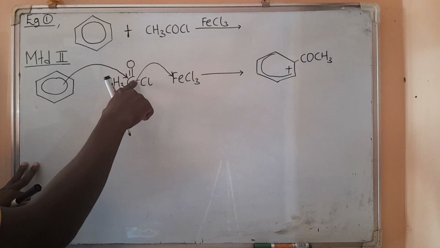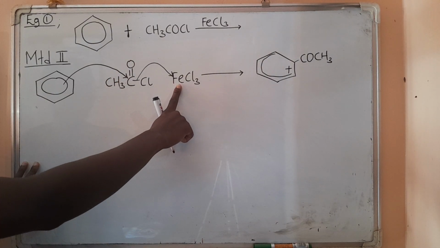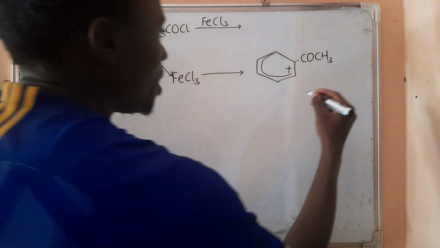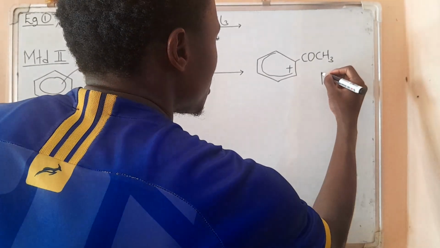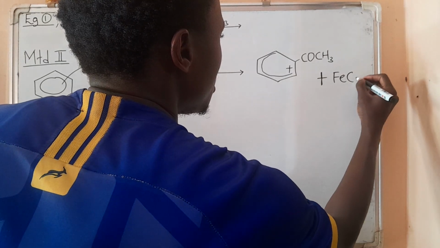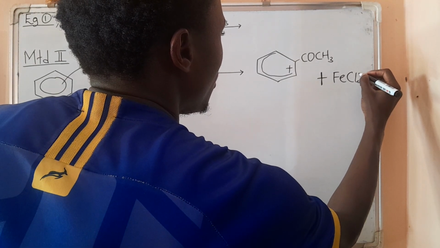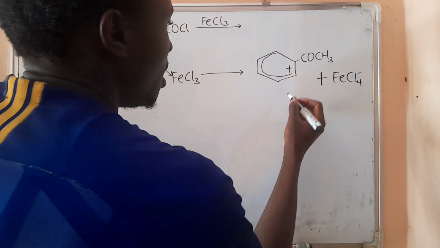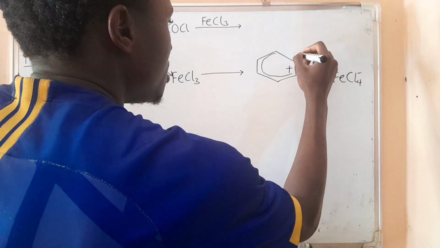Then chlorine, once it donated to this ferric chloride, we form a complex plus FeCl4 with a negative, like that. Then after that, there is a hydrogen atom here.